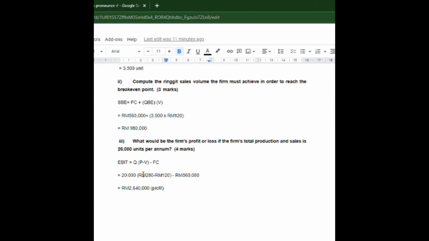P minus V: P is the price 280 minus variable cost 120. Minus FC, fixed cost 560,000. Then you get the answer 2,640,000 ringgit profit. If the answer is positive, it counts as profit, but if it is negative, then it is a loss. Okay, that's all from me. Thank you.